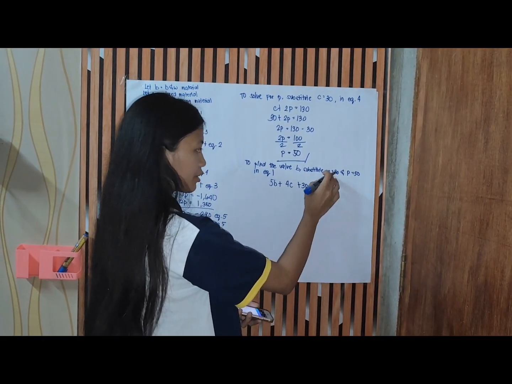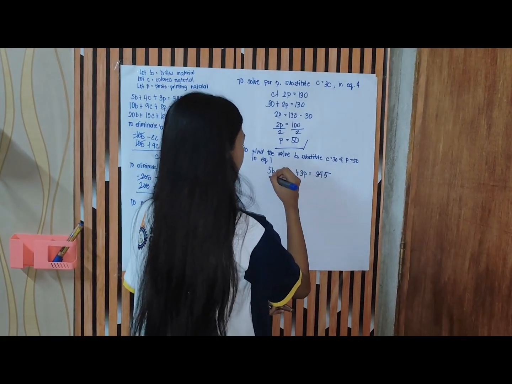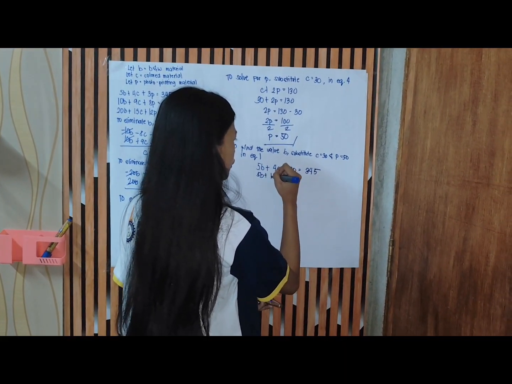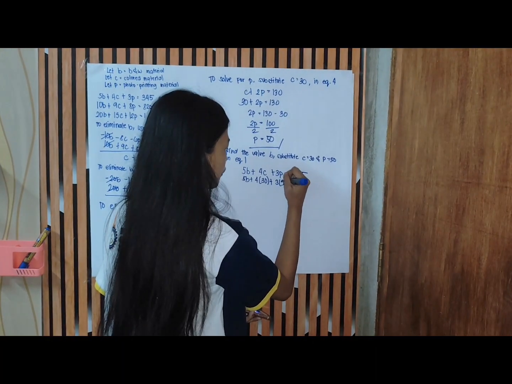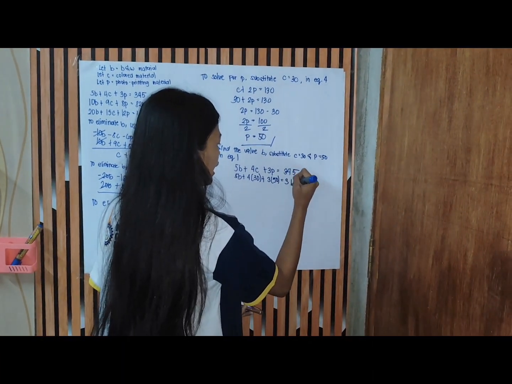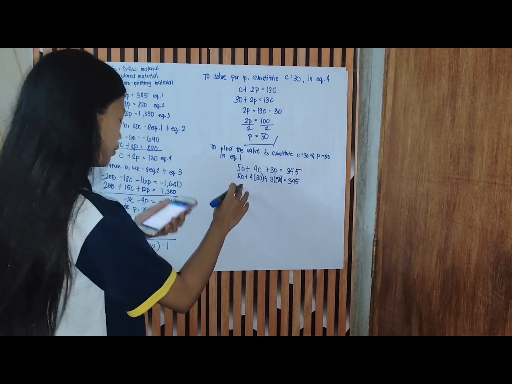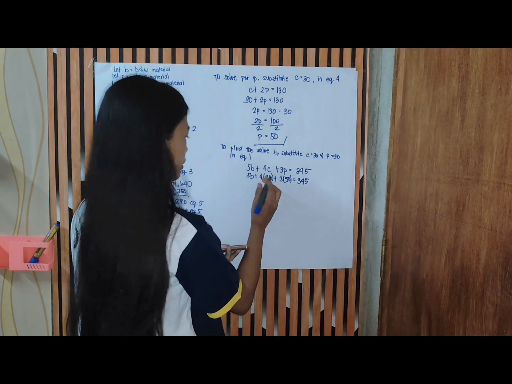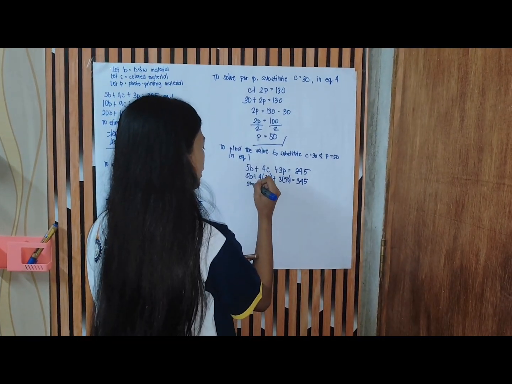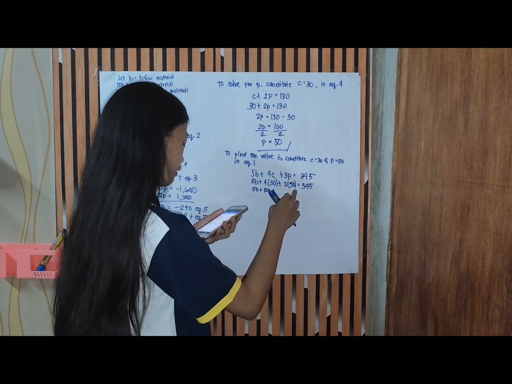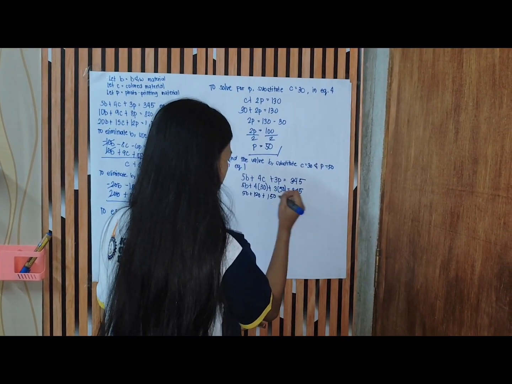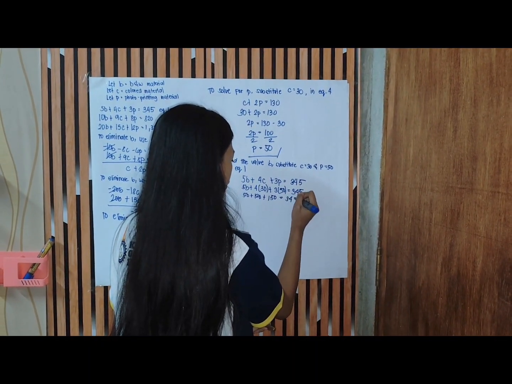So here we can substitute the value of c and p. So 5b plus 4 multiplied by 30 plus 3 multiplied by 50 is equal to 345. So this will become 120. 5b plus 120 plus 3 multiplied by 50 is 150 is equal to 345.